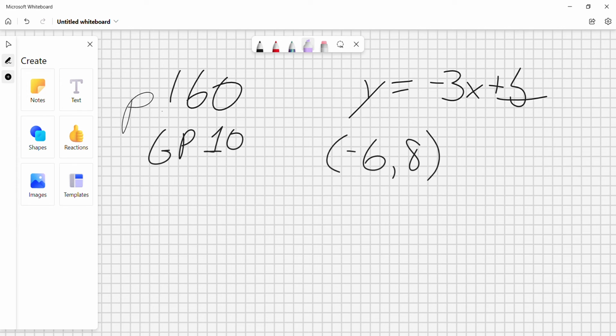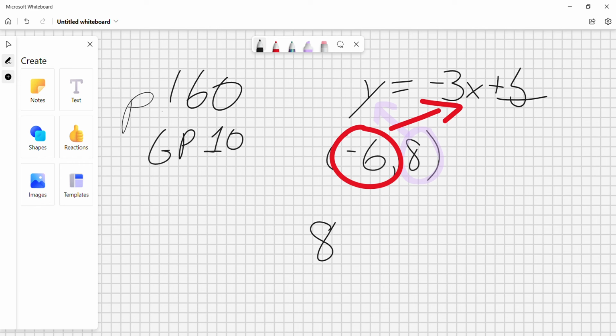If we know that y is 8 when x is -6, let's substitute that out. Instead of y, I'm going to write 8.